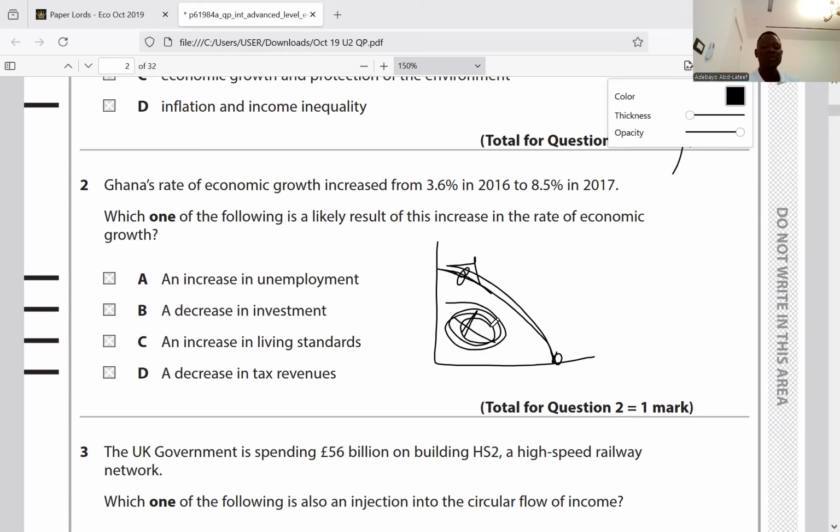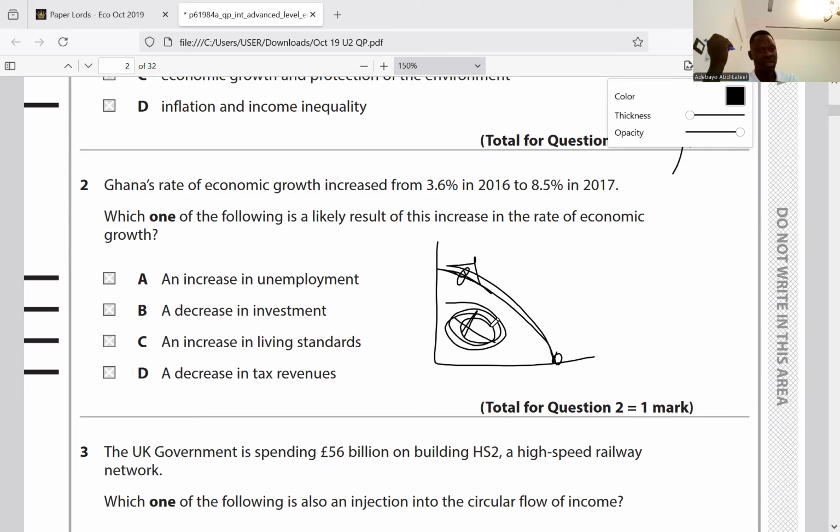B, a decrease in investment. What is investment itself? You want the definition? Yes, please. Investment is the purchase of goods that are not consumed today and used to create future wealth. Investment simply means the expenditure on capital goods.